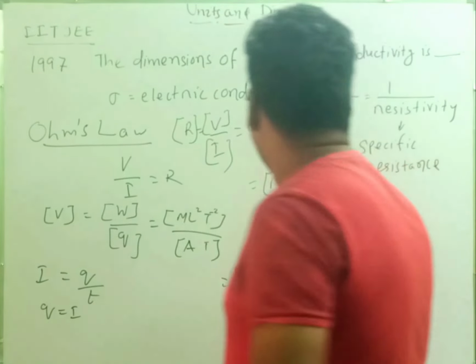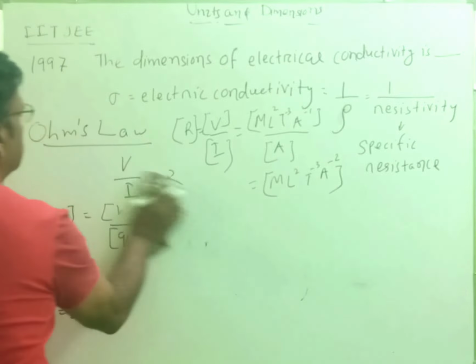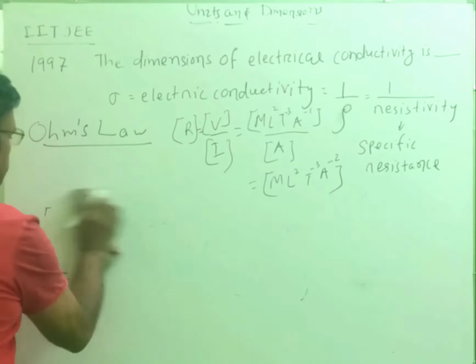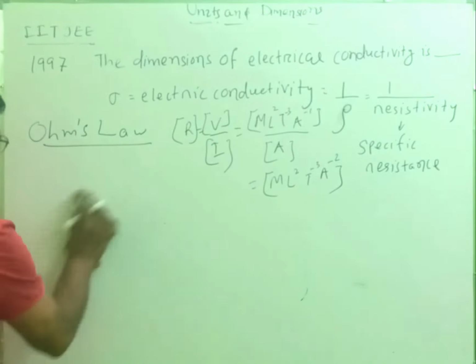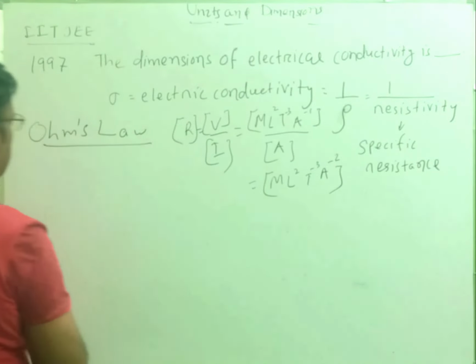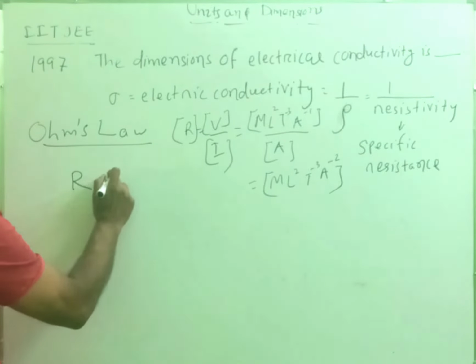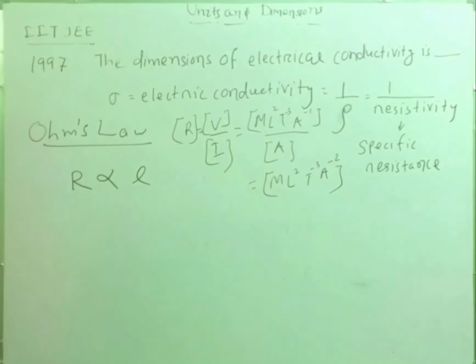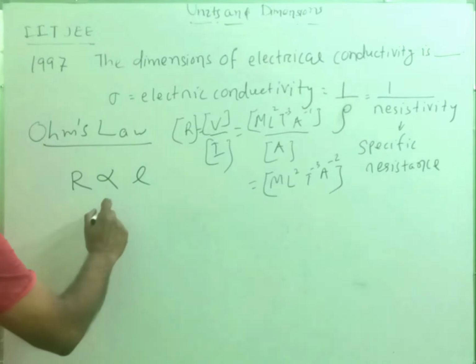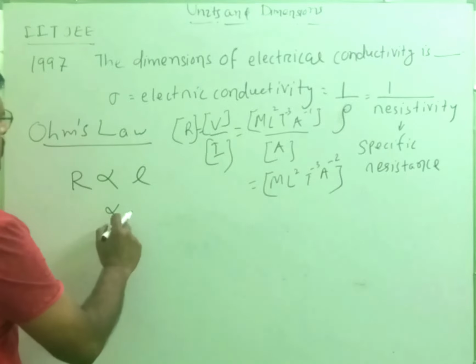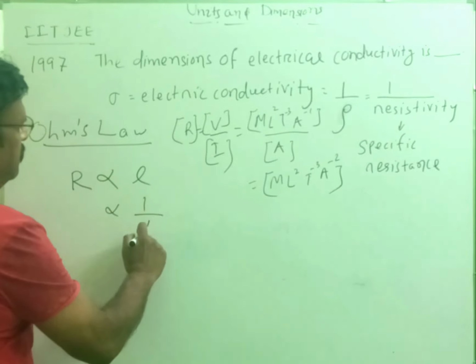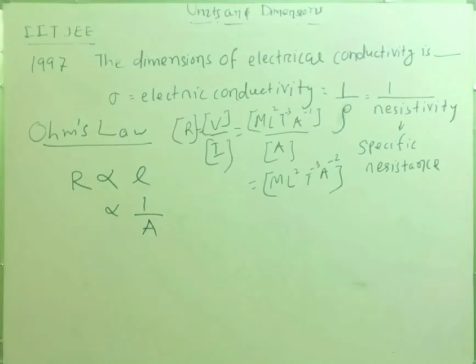Okay, student. But what about resistivity? The resistance of a conductor, students, is directly proportional to the length of the conductor, and the resistance is directly proportional to 1 by A, the cross sectional area, or in other words, resistance of the conductor is inversely proportional to the cross sectional area of the conductor.